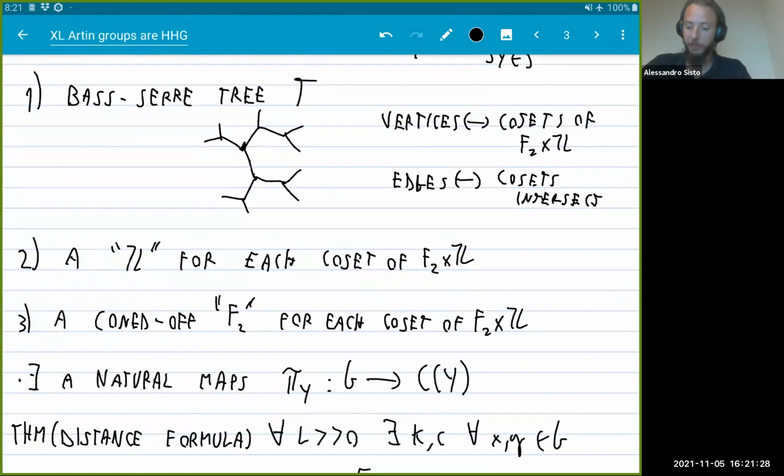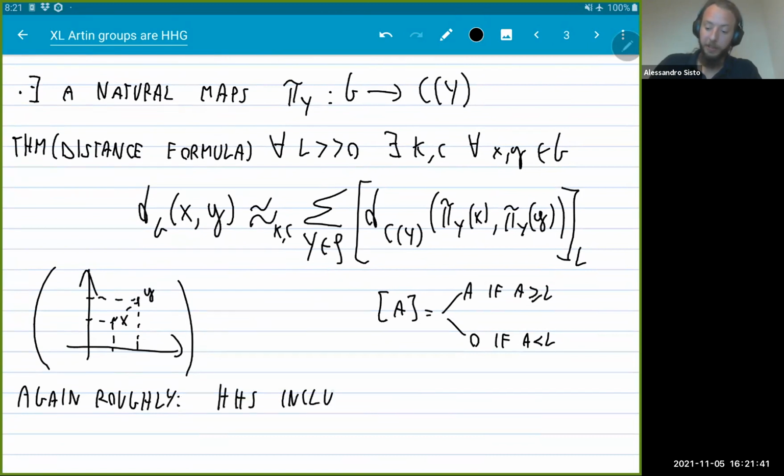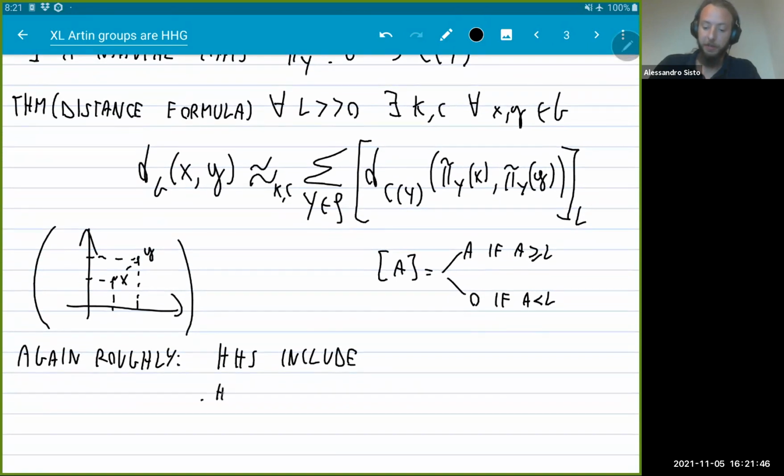And there's another rough description. So again, roughly, here's another informal description of what an HHS is. It's an inductive definition, an inductive heuristic, let's say.